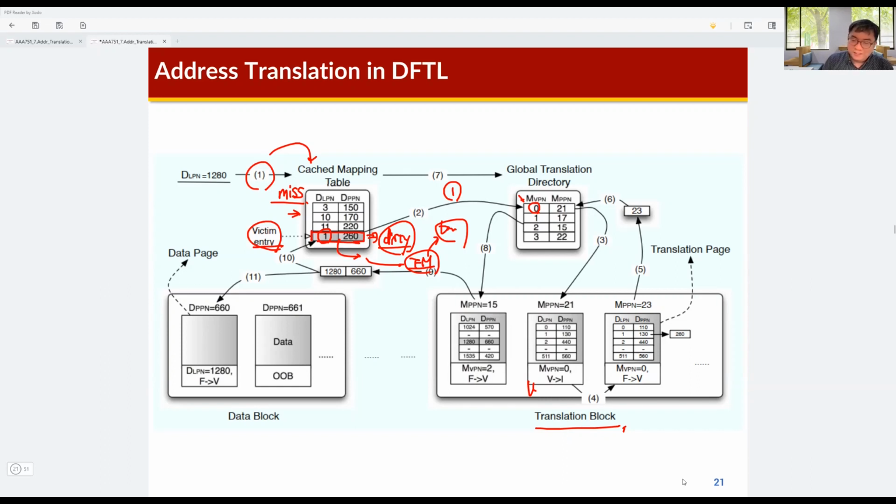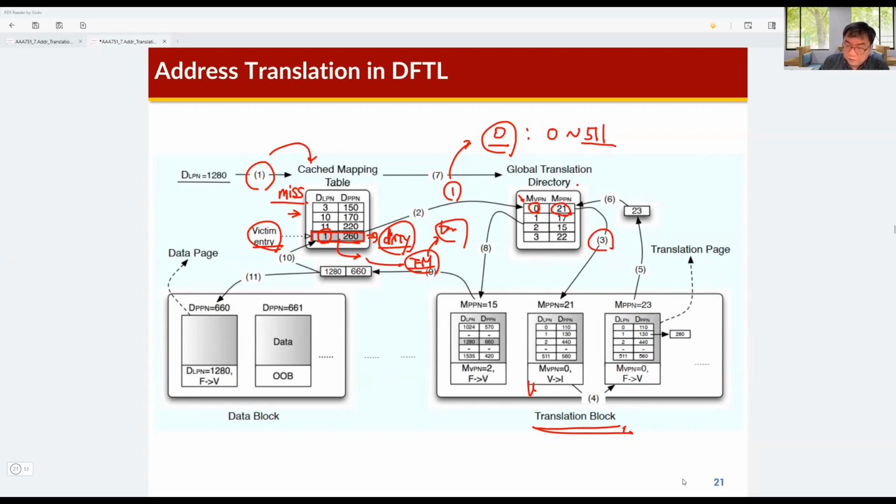I don't know why it is a virtual page number, but it's some block number of this translation block. And because the LPN is 1, we can easily know that the logical block number for this translation block is also 0, because 0 will include the logical page numbers 0 to 511. So with this global translation directory, we can get the physical page number for the address translation block.